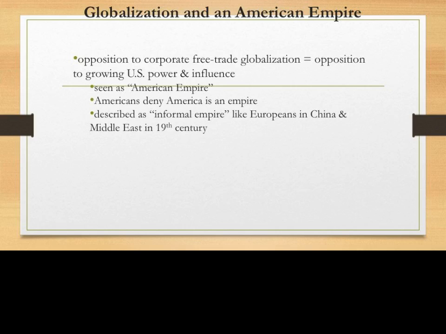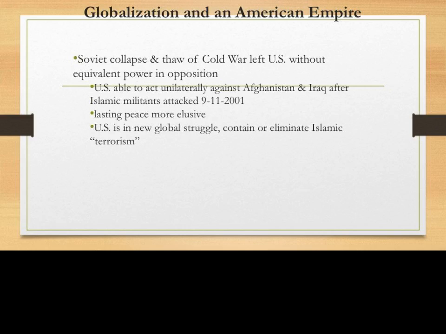And the United States was able to act unilaterally against Afghanistan and Iraq after being attacked by Islamic militants on September 11th in 2001. The establishment of a lasting peace seemed more elusive. So the United States is in a new global struggle to contain or eliminate Islamic terrorism.